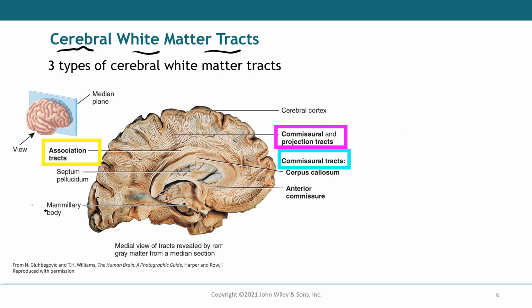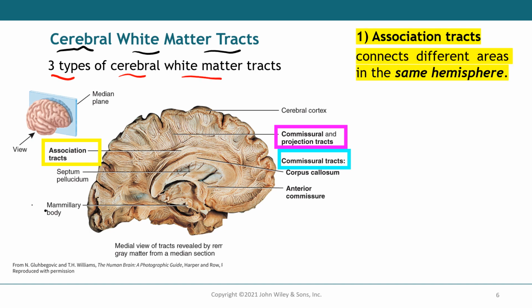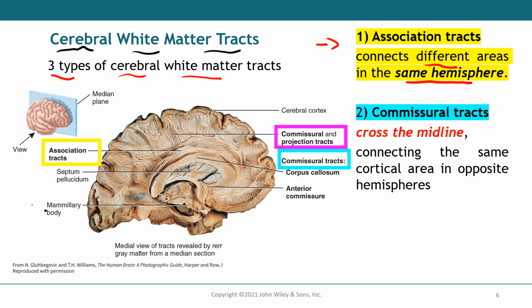I told you there are three types of cerebral white matter tracts. The first one are the association tracts, which connect different areas of the brain, but of the same hemisphere. Then there are the commissural tracts, which cross the midline and connect the opposite areas of the hemispheres, so they connect the left and the right hemisphere.